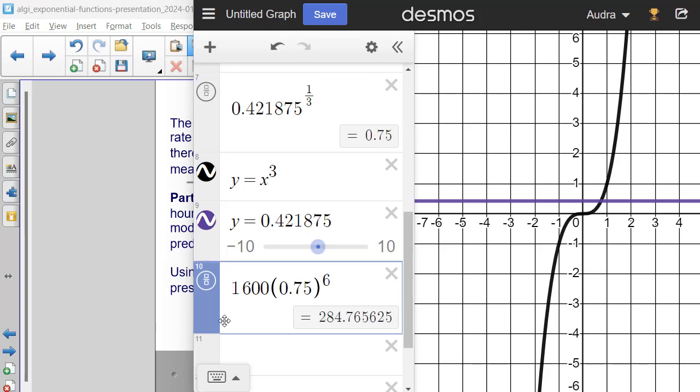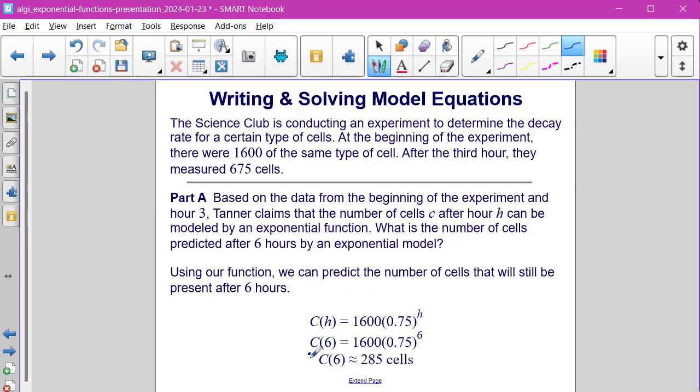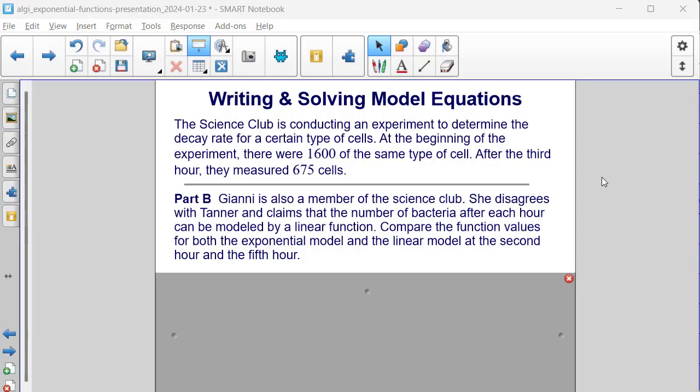And when we evaluate this in a calculator, we'll end up getting 284 and about 766 thousandths. Well, we should round this up to the nearest whole cell, so that's about 285 cells. So this is our final answer, about 285 cells.